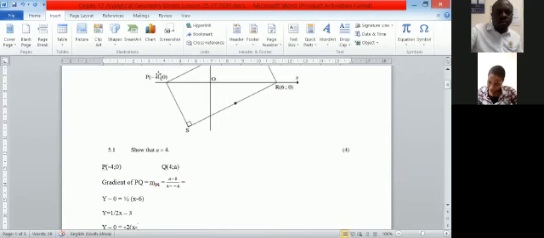On P, the coordinates of P, x is minus 4. So you put minus 4, which makes it plus 4.